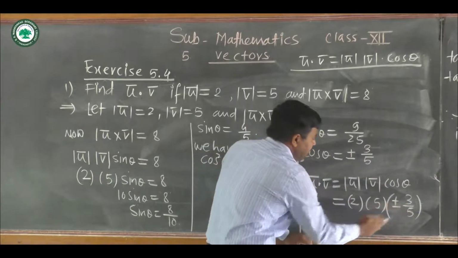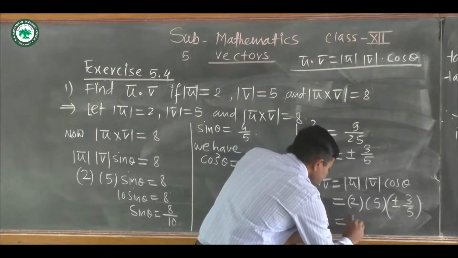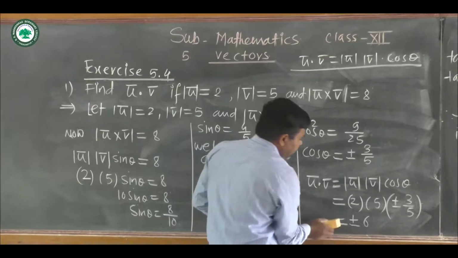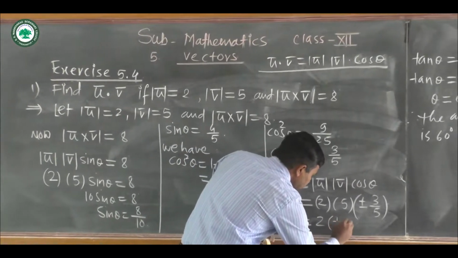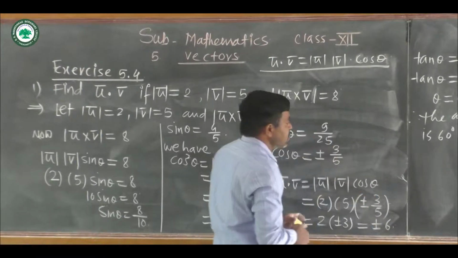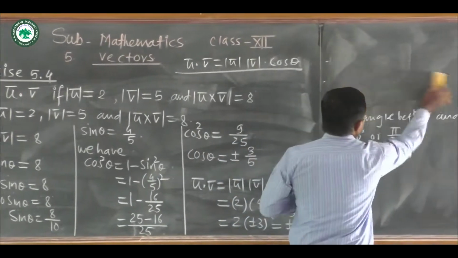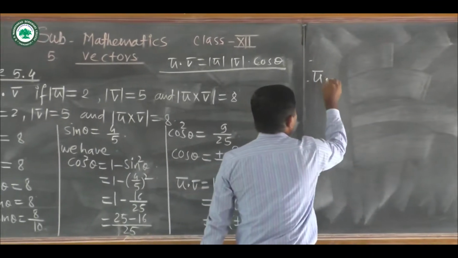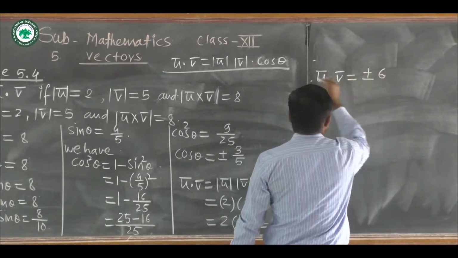Now this 5 gets cancelled. 2 into plus or minus 3 becomes plus or minus 6. So therefore u bar dot v bar is equal to plus or minus 6.